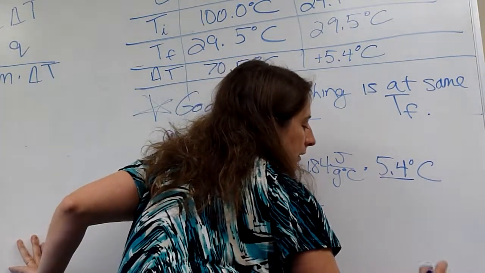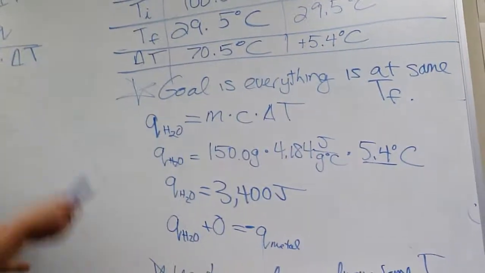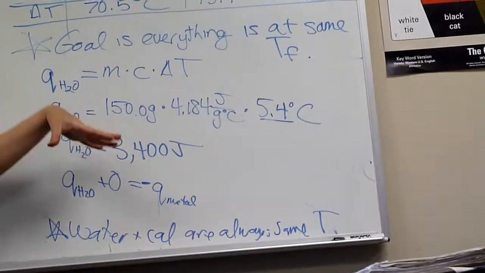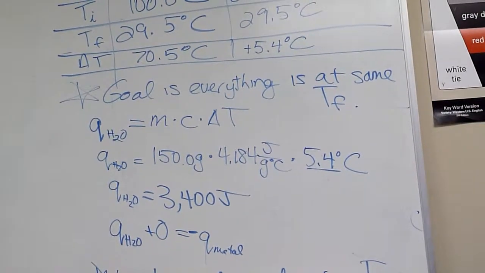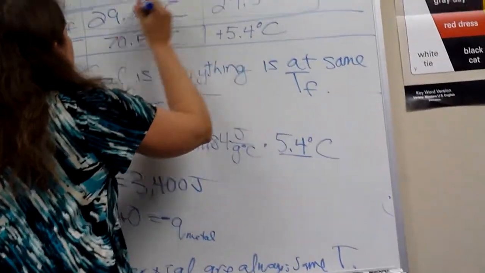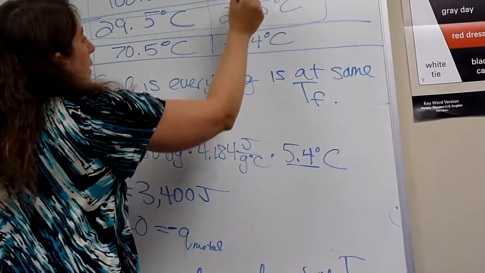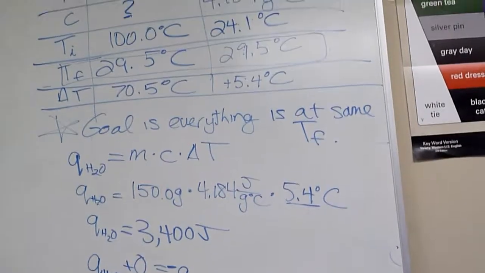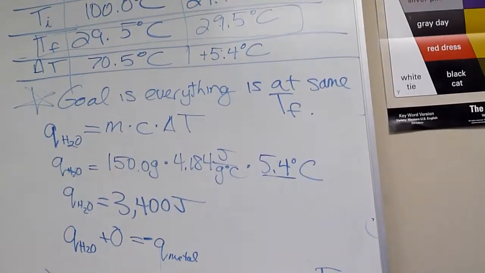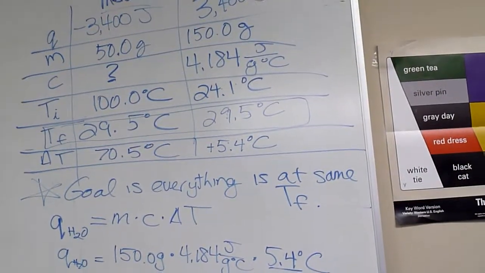If he just gives you temperature points for water, the calorimeter is always, always, always the same temperature as the water. So everything comes to the same final temperature, but the water and the calorimeter have all three things in common.